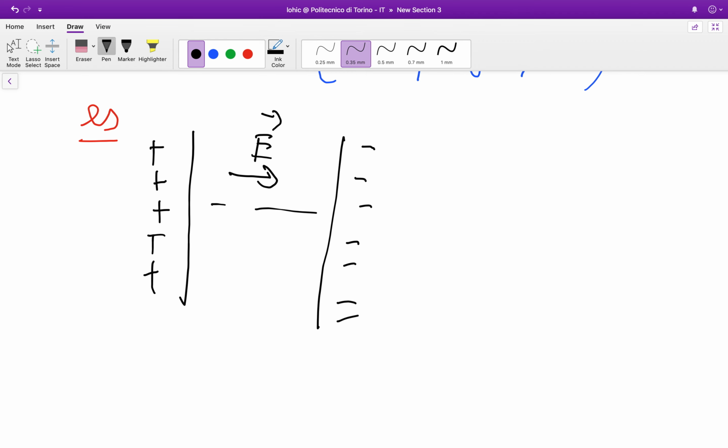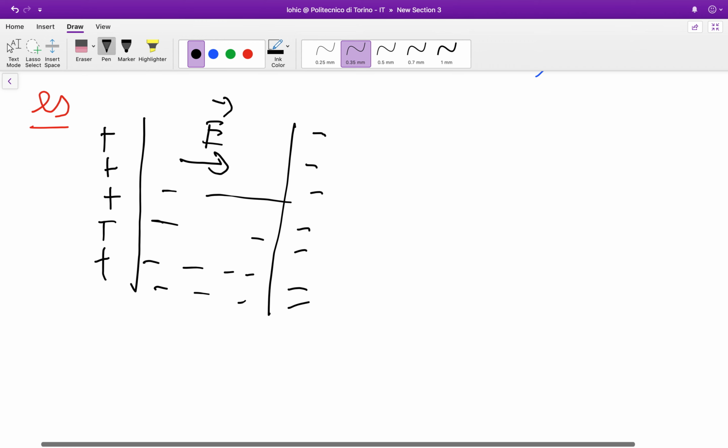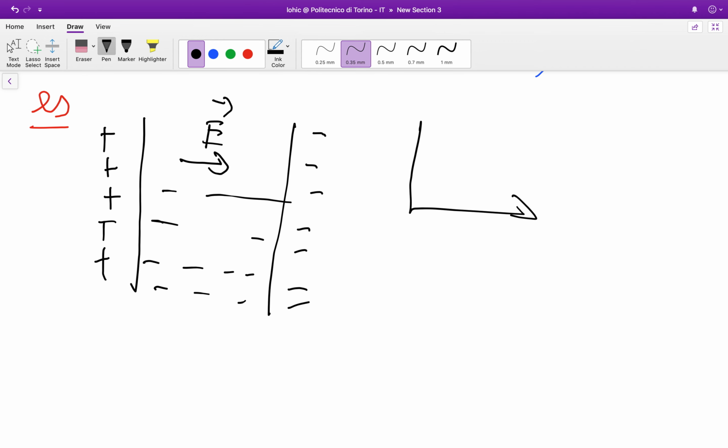Here are the field lines. If you understand this, it means that I can fix an xyz system. This is my x direction, and this is my y direction, so the z direction is going out of the screen.